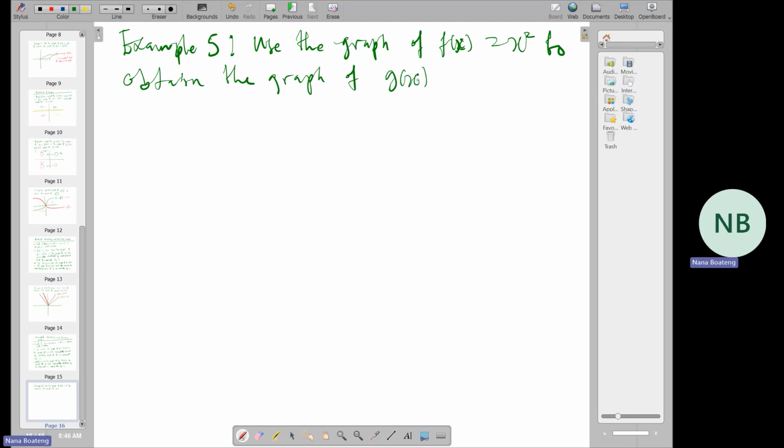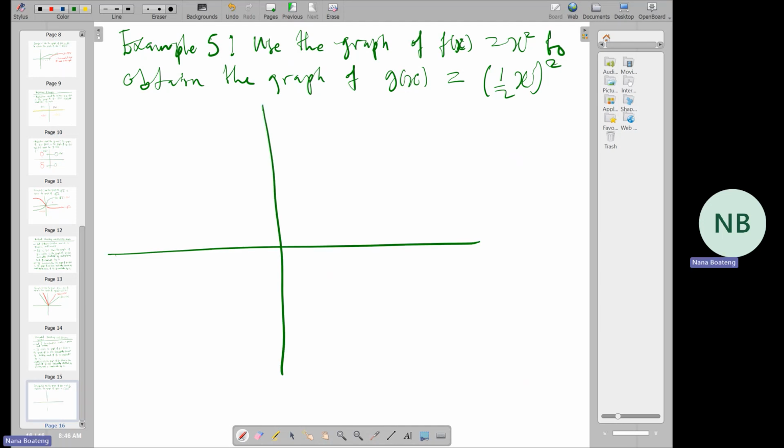And the graph of g of x is equal to half x, all squared.